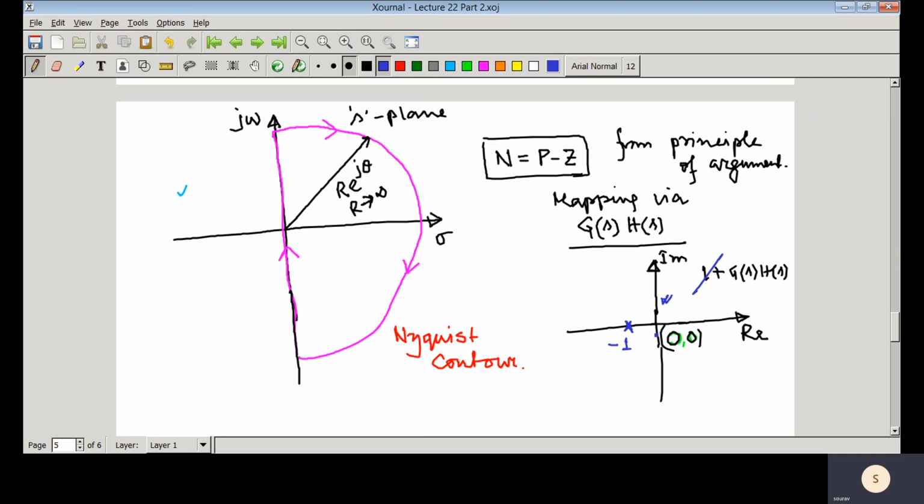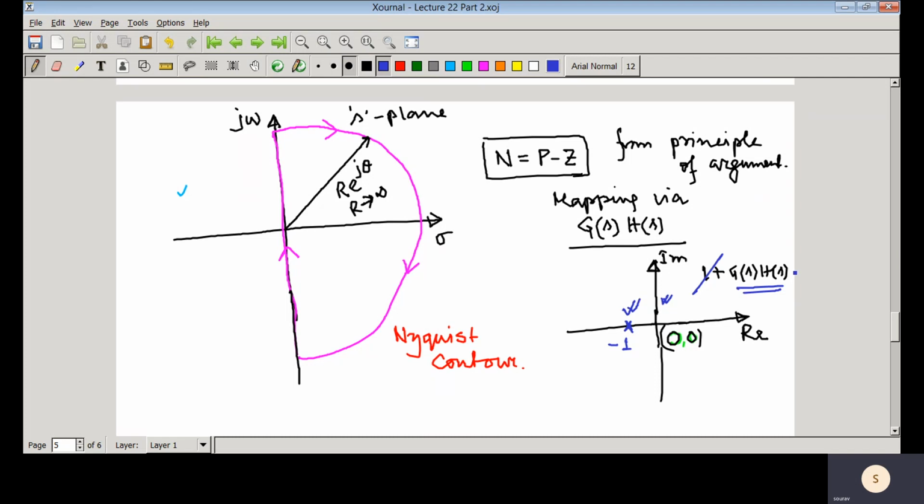So that means if we go for only g of s h of s, then that encirclement would actually be the minus 1 plus j0 point, because that would be just shifted.